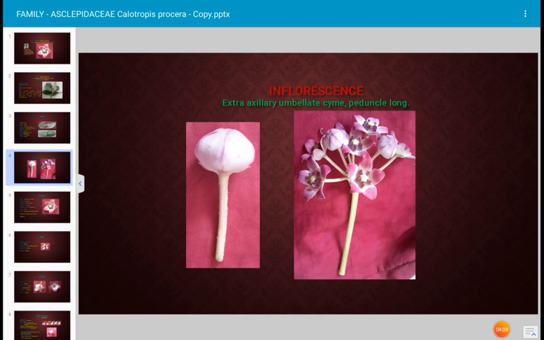The length of pedicels is more or less similar. The flowers spread out from a single point, and in umbellate cyme, the younger flowers are situated at the basal region of the flowering shoot. Such arrangement of the flowers on the flowering shoot is described as the umbellate cyme type of inflorescence, which occurs in Calotropis procera, family Asclepiadaceae.